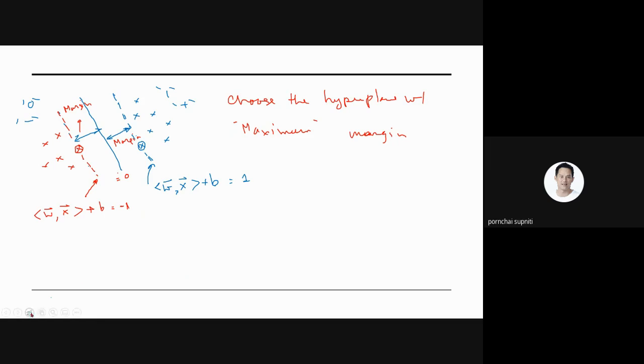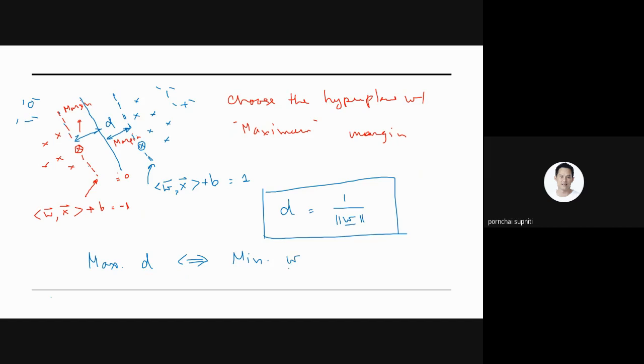It turns out that this d, the distance or the margin, is equal to 1 over the size of the weight vector, which will be proved later. So in general, maximizing this distance d is the same as minimizing the size of vector w.